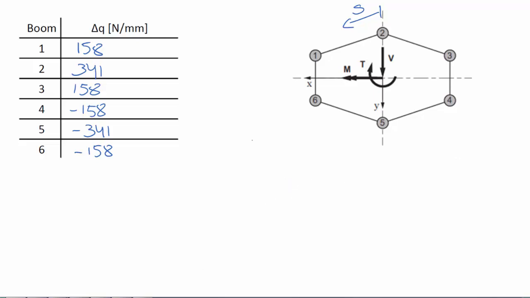And we can start with calculating the shear flows. We remember that Q21 was 171 newtons per millimeter.